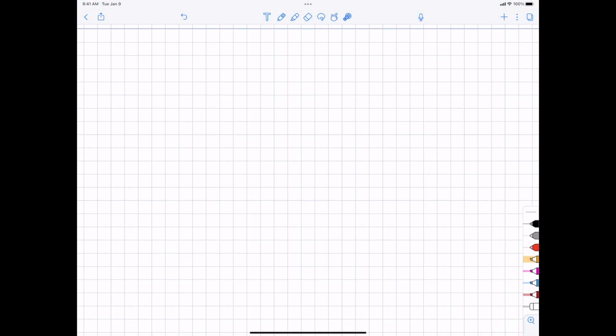All right? So I'm going to attempt to draw that molecule. I'm going to try to draw it in the same sort of orientation as we drew it in Spartan.